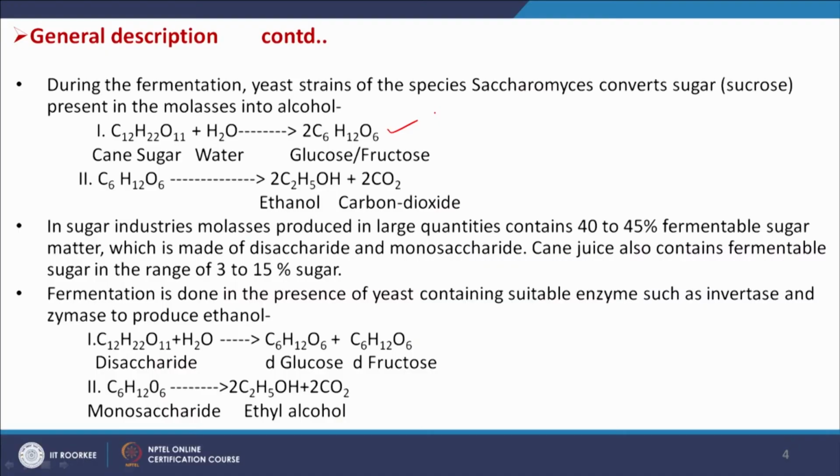So, what happens in case of distillery process? Sugar is converted to ethanol in presence of yeast microorganism, and monosaccharide and disaccharide present in the sugar molasses are actually responsible for this fermentation, and these are the biochemical reactions which take place.